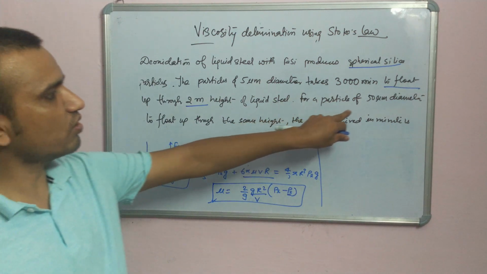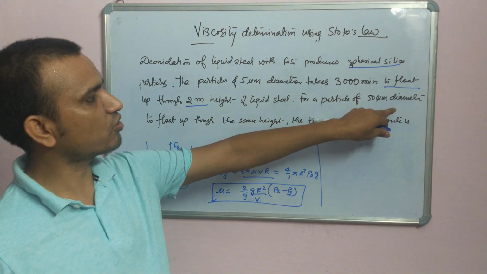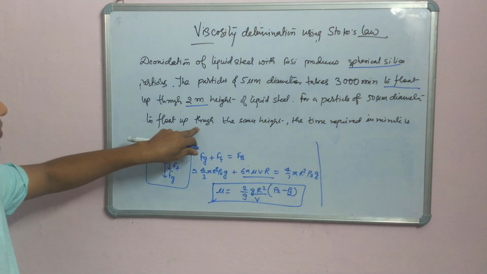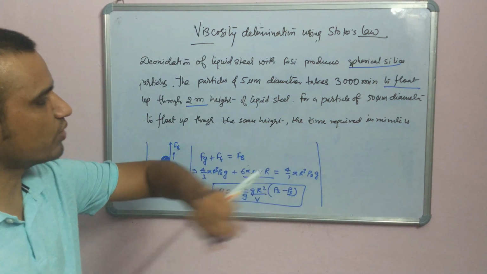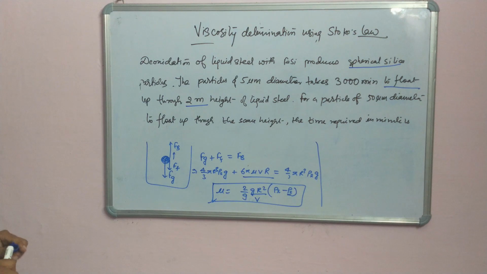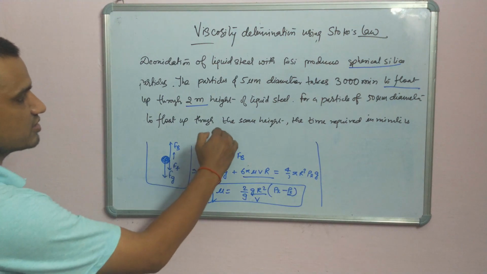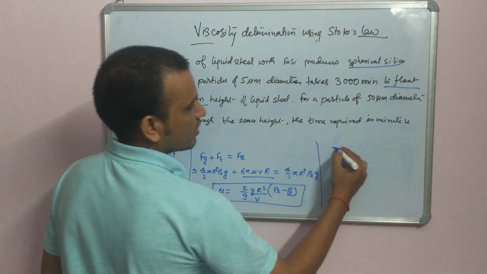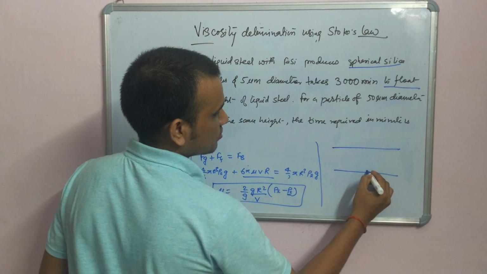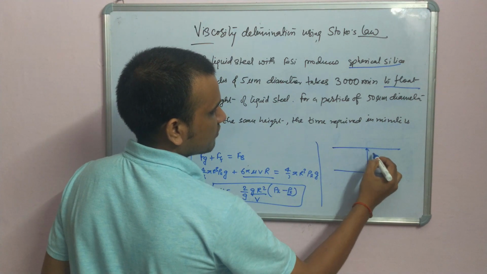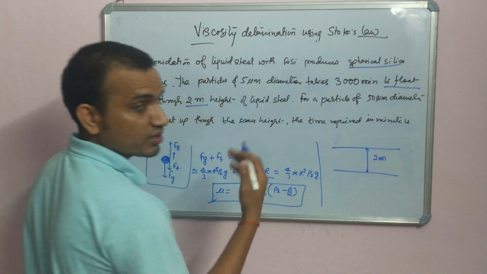Now for a particle of 50 micrometer diameter to float up through the same height, the time required is what? The distance to be traveled in both cases is the same: the silica particle travels 2 meter height.